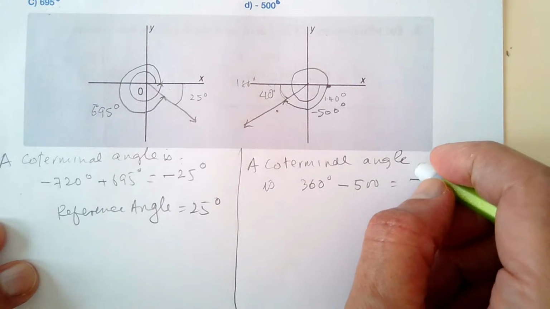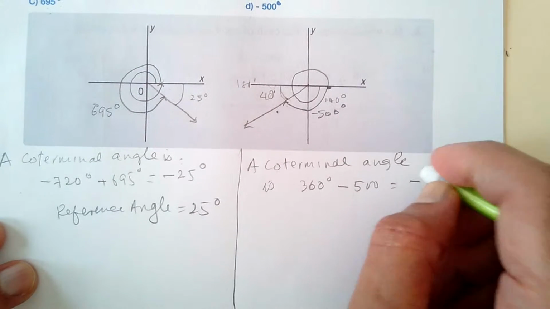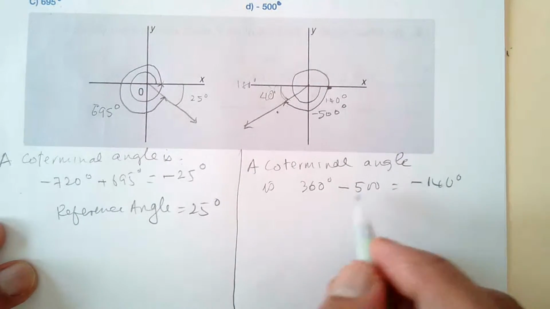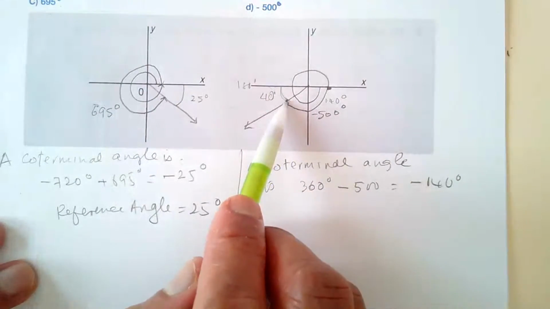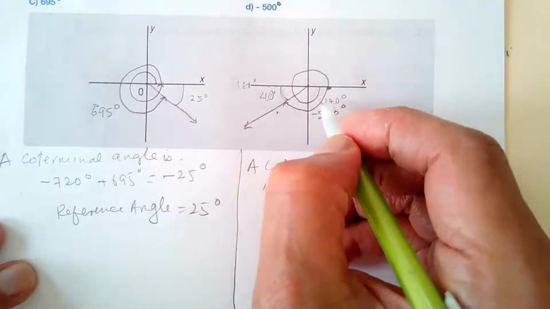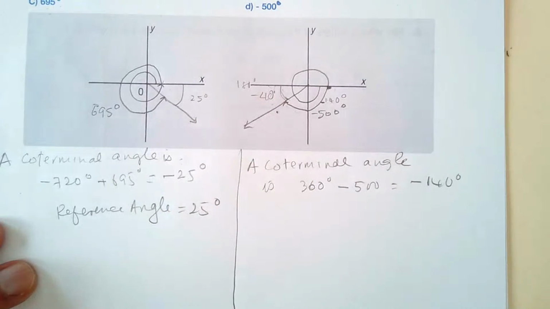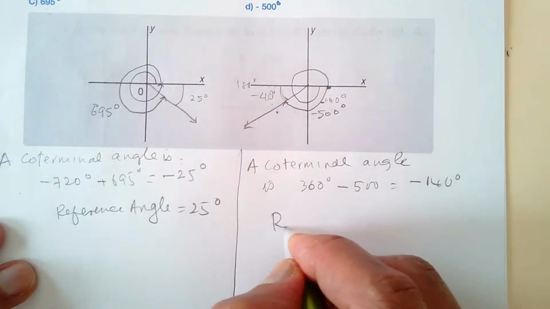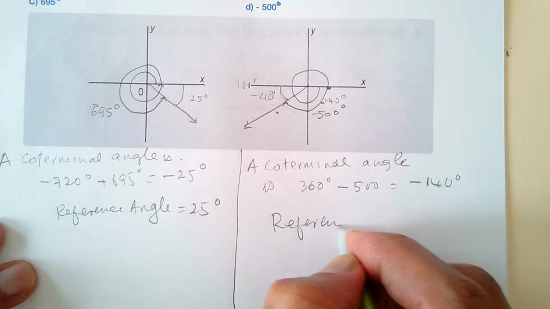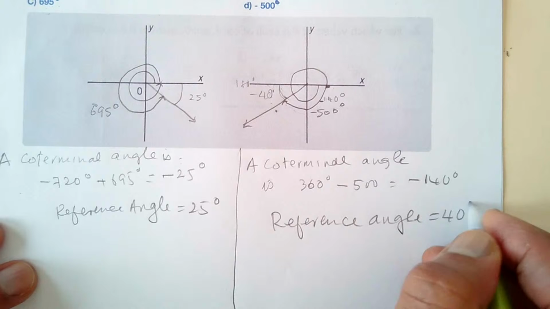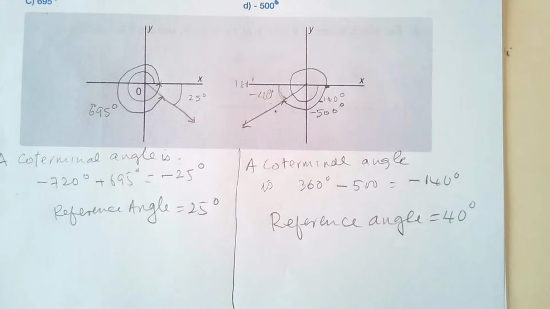Where did you get 140 from? 140 here. Now, since this is negative 140, this would be negative 40. So the reference angle is 40 degrees.